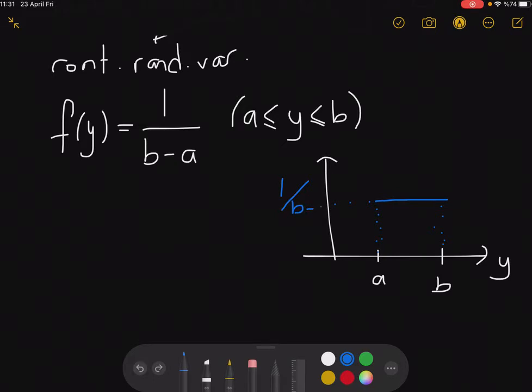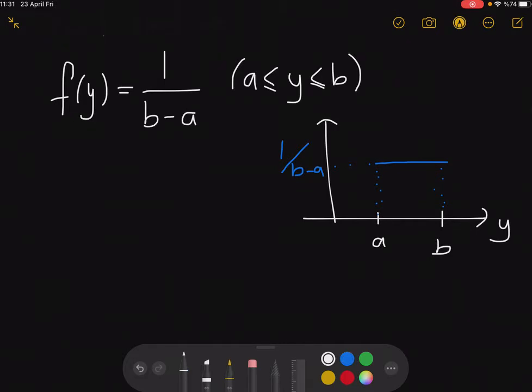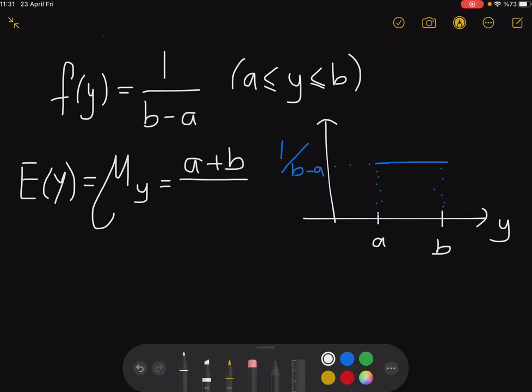And what should be the expected value of y in this sense? That would be your population average as well, and this is what you're going to expect if you make a lot of trials.